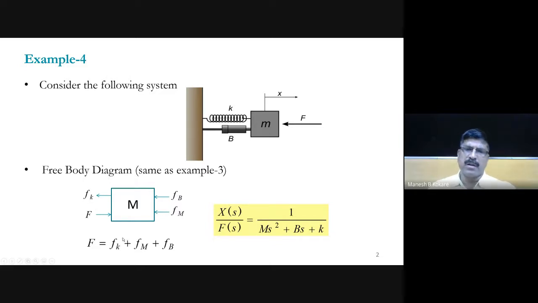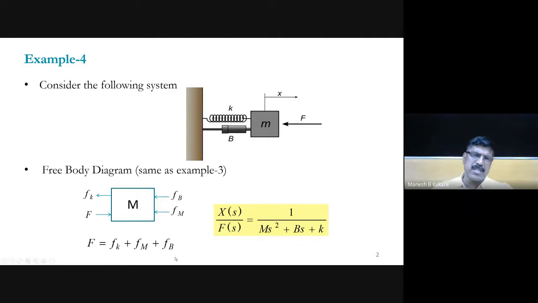Fk is the force offered by the spring element, which is directly proportional to the displacement, and the proportionality constant is K. Fm is the force offered by the mass element, which is directly proportional to the acceleration, so m into d2x by dt square. Fb is the reactive force offered by the dashpot element, which is directly proportional to the velocity, so in terms of displacement it will be b into dx by dt.